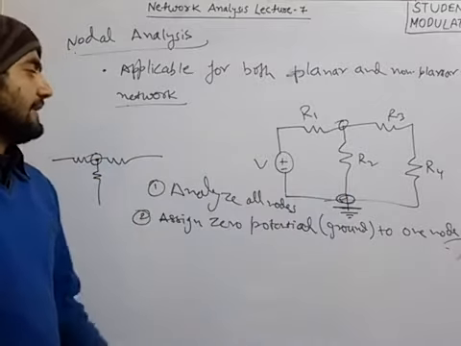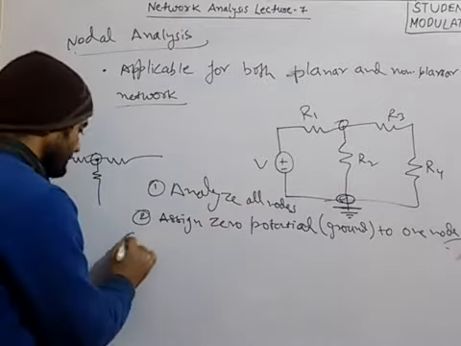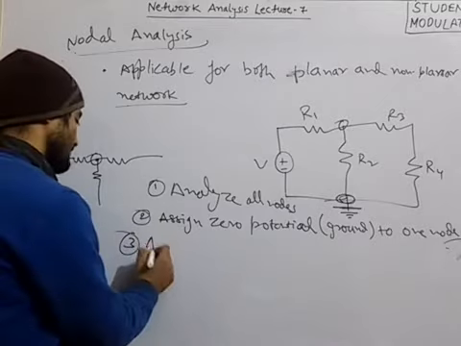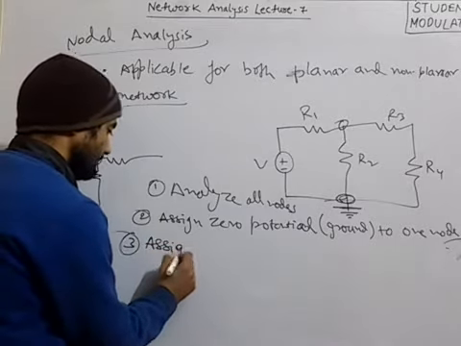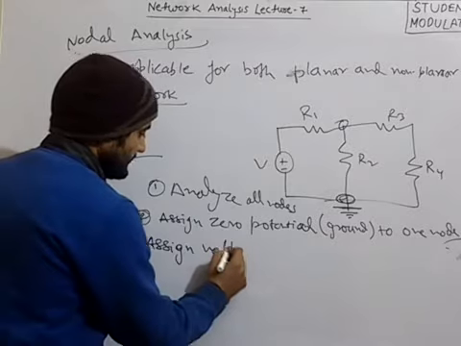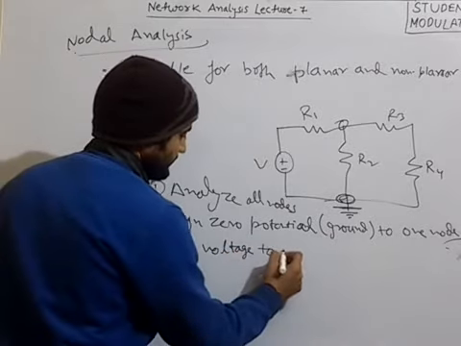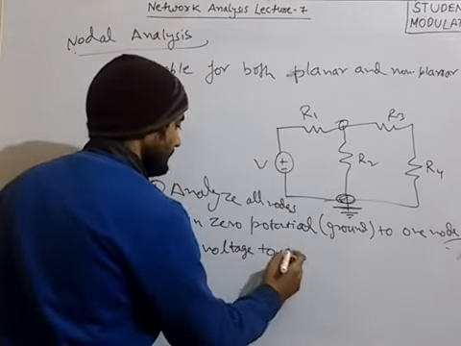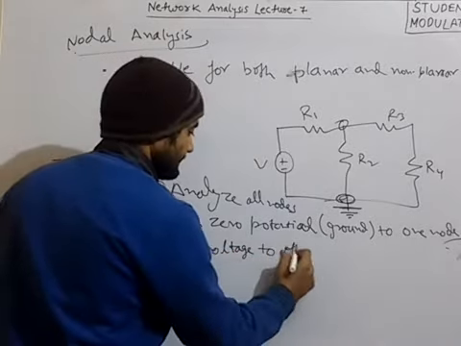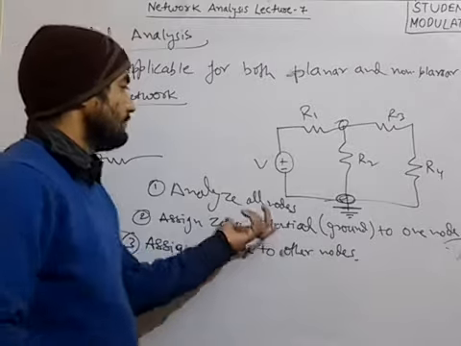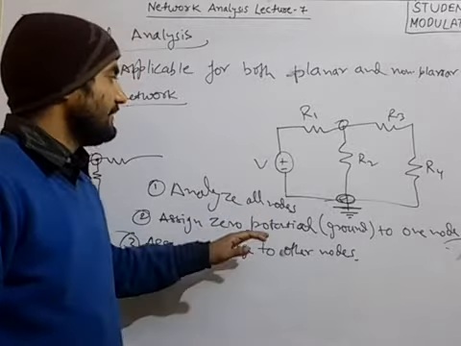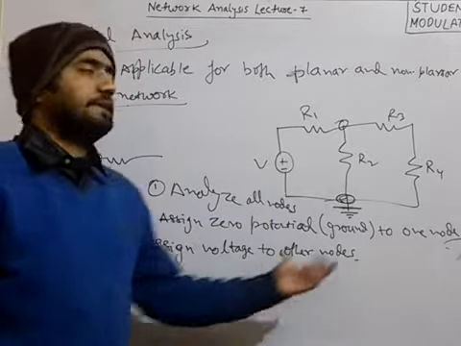Now the next step is to assign voltage to each node, meaning to the other nodes. One node we have already reserved as zero potential, and the remaining nodes will be assigned some voltages.